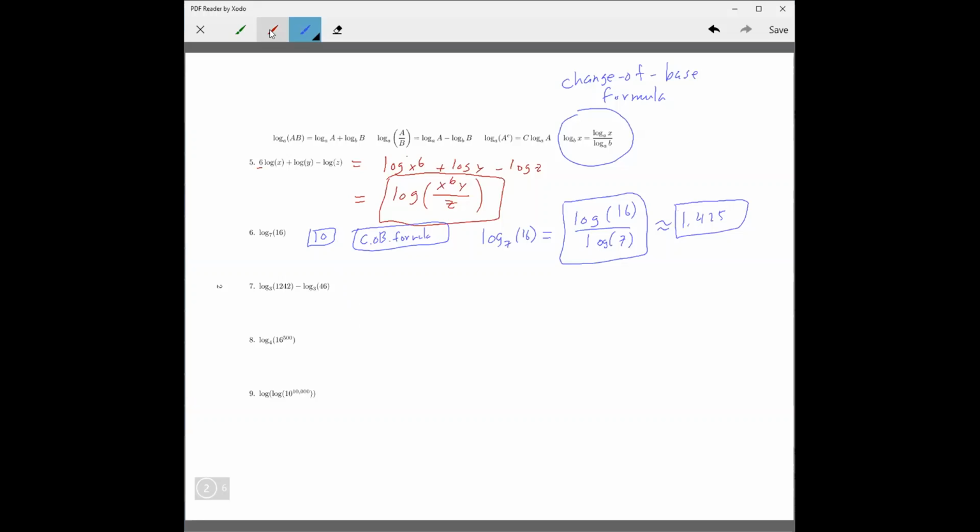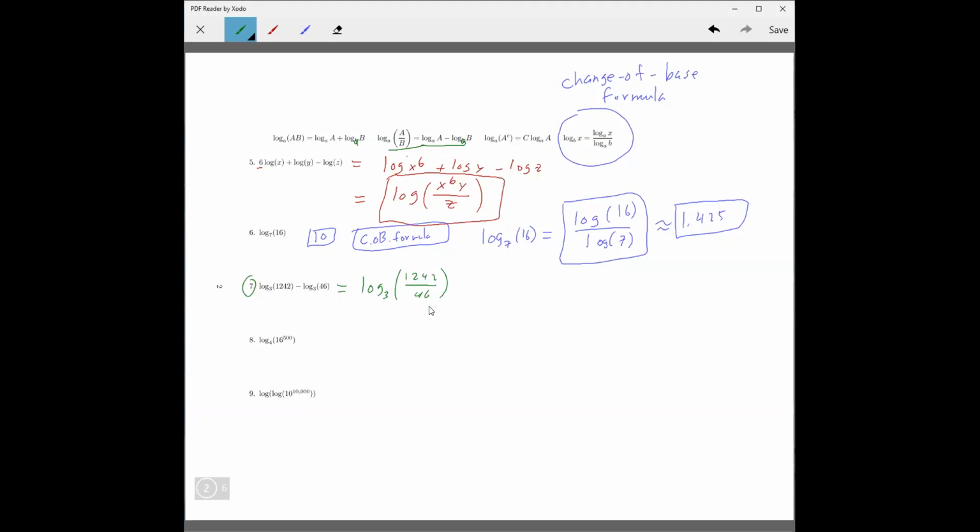Okay, number 7. Log base 3 of 1,242 minus log base 3 of 46. We're going to use properties here. This is a difference, so we're going to use this one right here, except we're going backwards. We have one log minus another log. I'll have to fix that before the exam, for sure. So we put it back into that: log base 3 of 1,242 divided by 46.